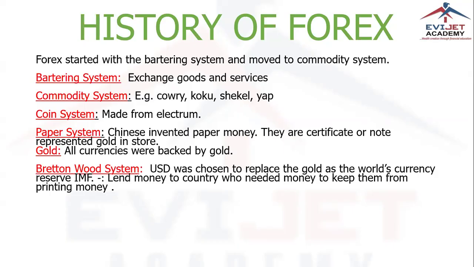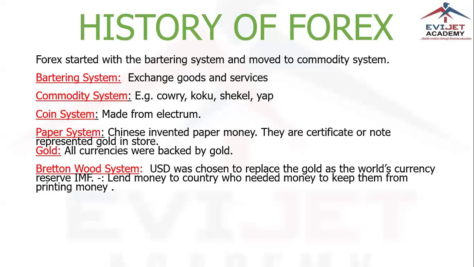So Forex actually started with the bartering system and later moved to the commodity system. What is barter? I believe you must have heard the word trade by barter. Trade by barter is the exchange of goods and services. In the days of old, especially the ones we can relate to, if you read the history of the Bible, you can see that there was a time that people exchanged services for goods, and probably goods for goods.